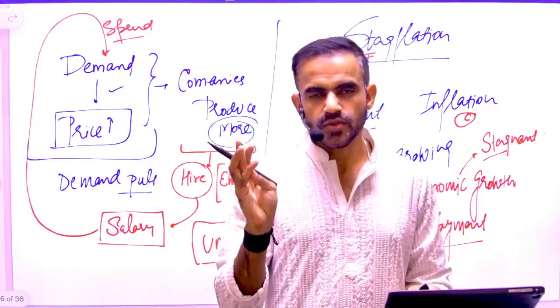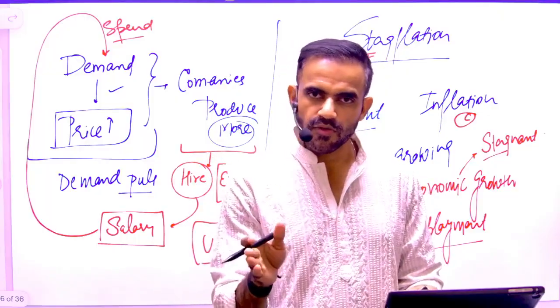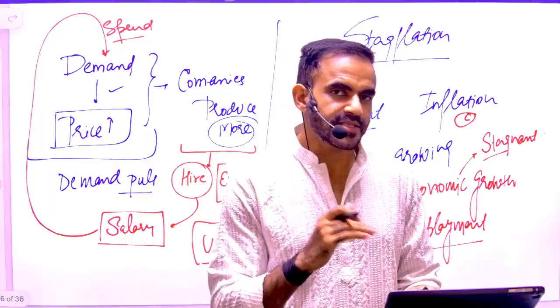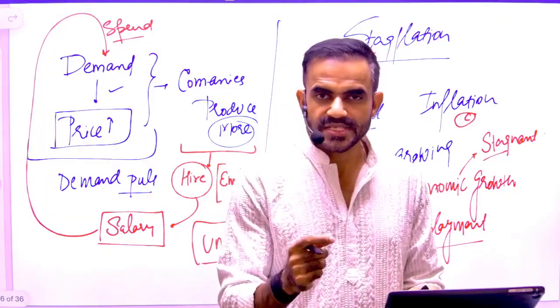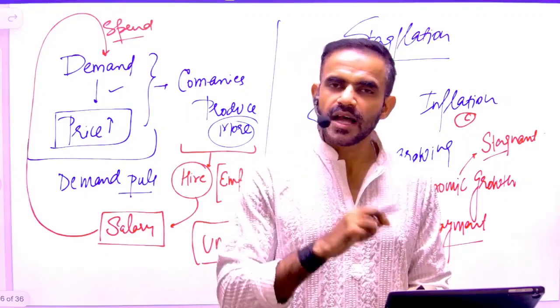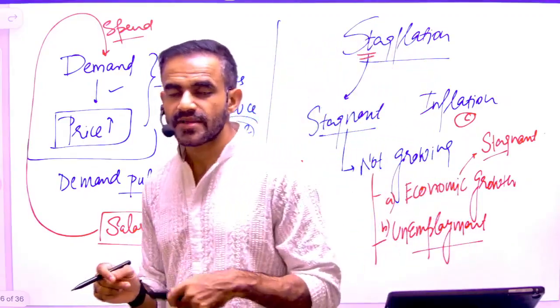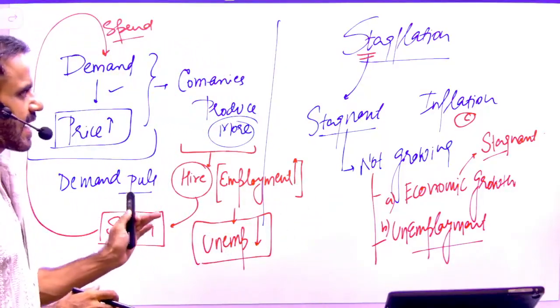Since factories were closed, that simply means there was high unemployment as well. Plus, because of lockdown restrictions, the supply chain was disrupted, so the supply of items was not proper. Because of poor or low supply, the price of the items increased. That is why there was inflation, and that is a simple example of stagflation.